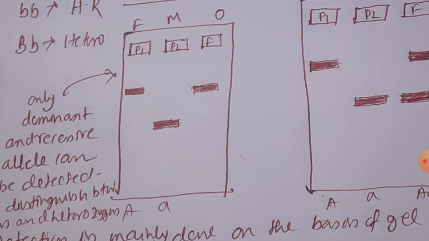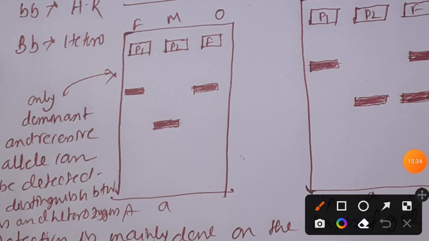So under such circumstances, we can easily conclude that yes, the offspring is the biological son of that father, right? And we can also conclude that the genotype should be dominant, right?